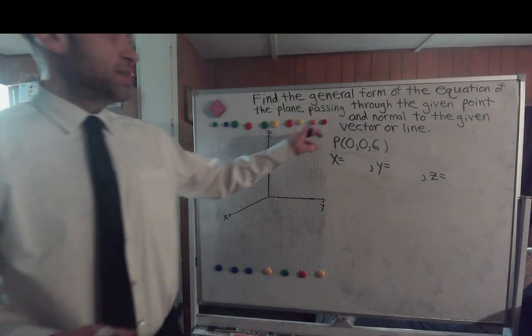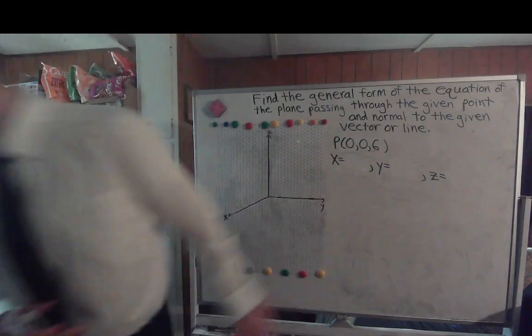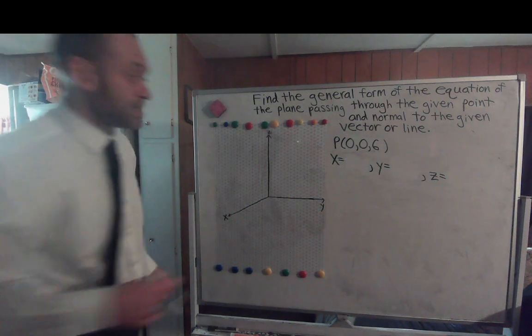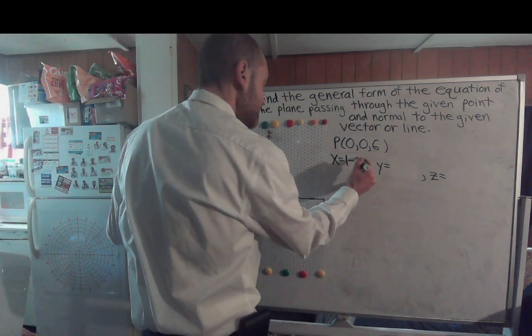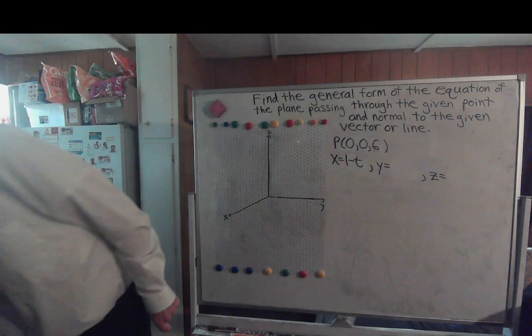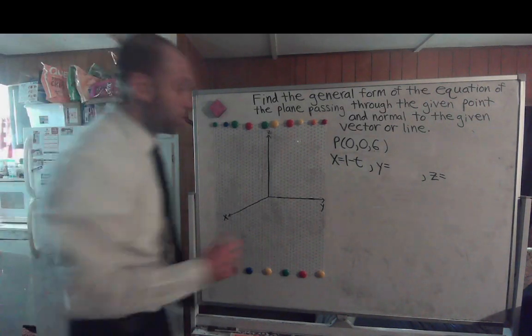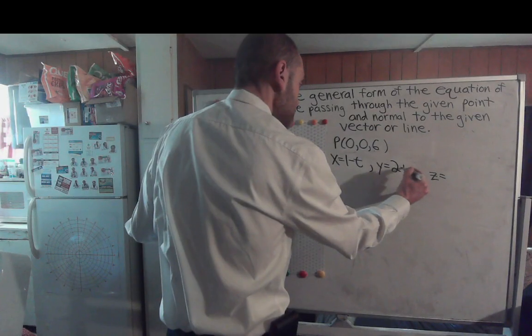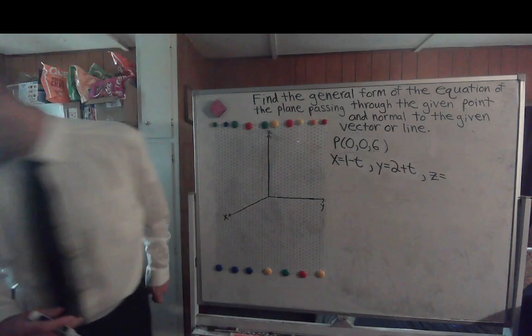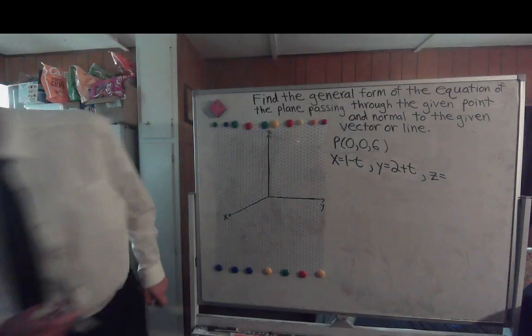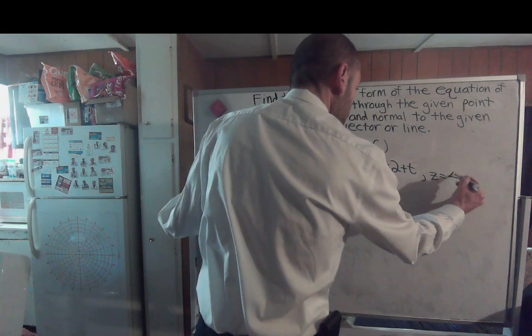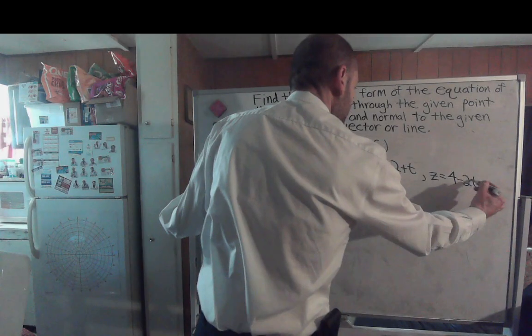The line that this plane is normal to is x equals 1 minus t, y equals 2 plus t, z equals 4 minus 2t.